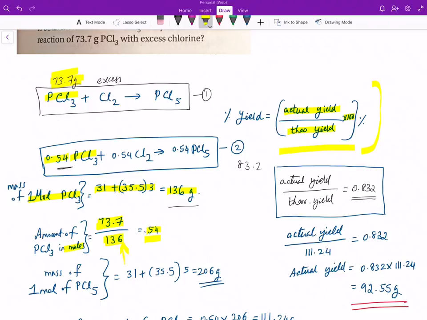So what is the amount of Cl2 required? Based on the balanced equation, we know that for each mole of PCl3, we need another mole of Cl2 for the reaction. Okay. In other words, the ratio between the required amount of PCl3 and Cl2 is 1:1.